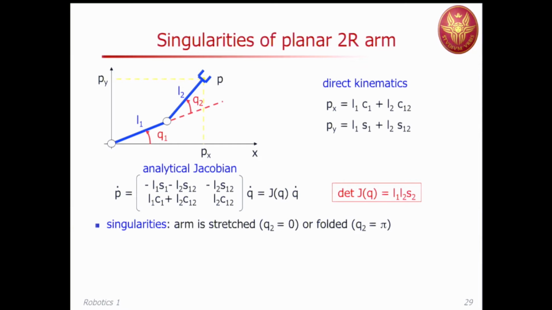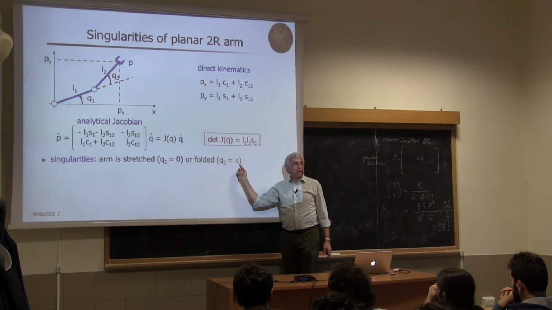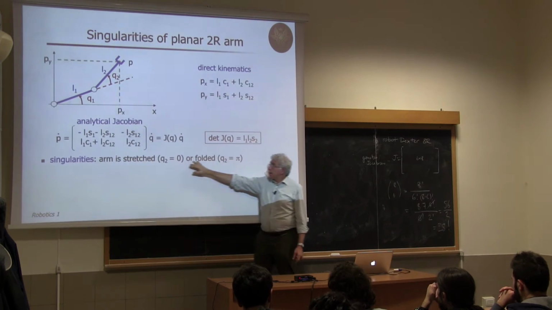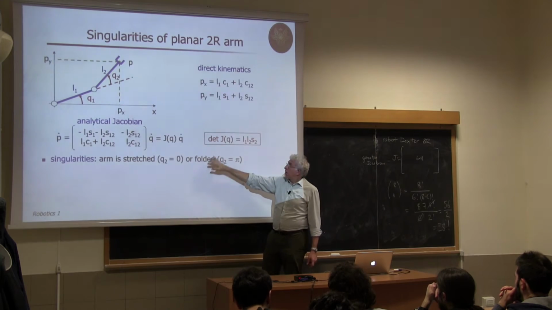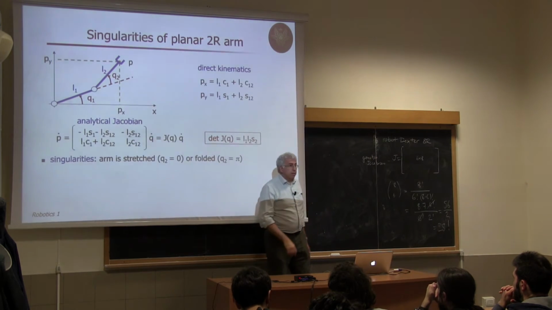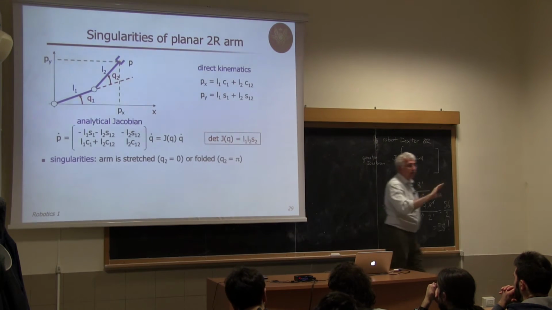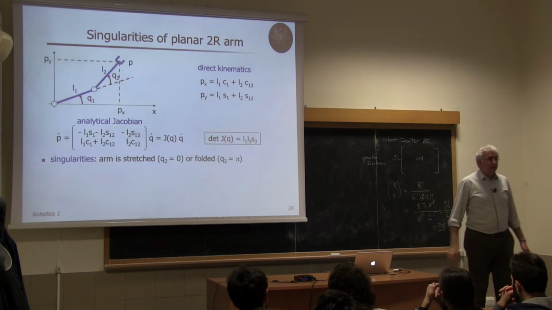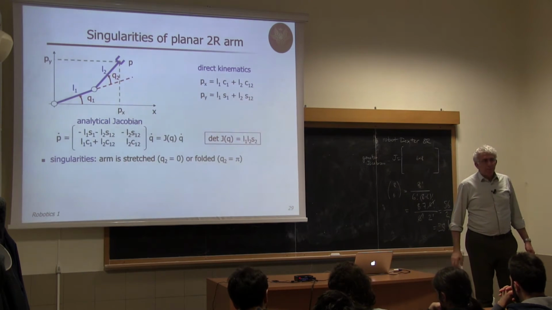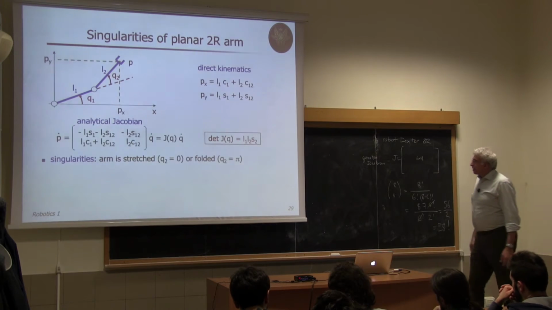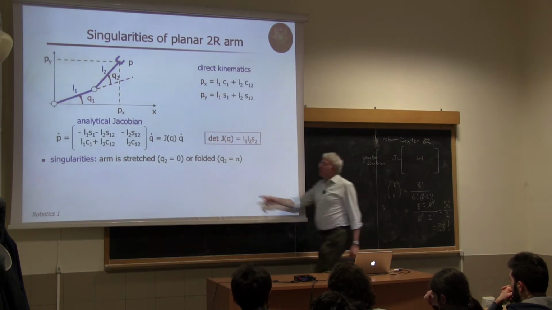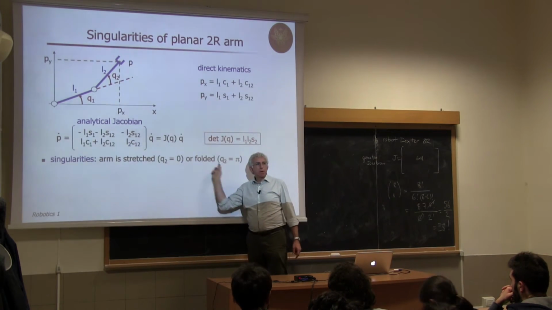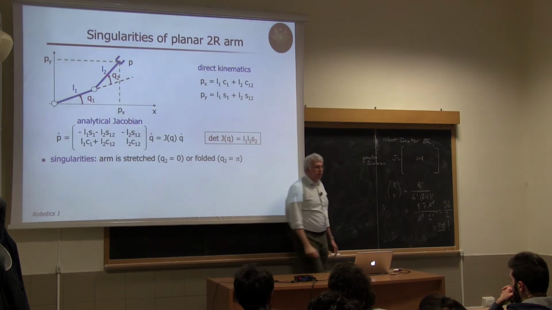So either when the arm is stretched, Q2 equals 0, or when the arm is folded, Q2 equals pi. Pay attention, this has nothing to do with the link length. These singularities are there no matter if you have equal or different link lengths. Okay? So you remember what happened to the inverse kinematic problem in this situation.